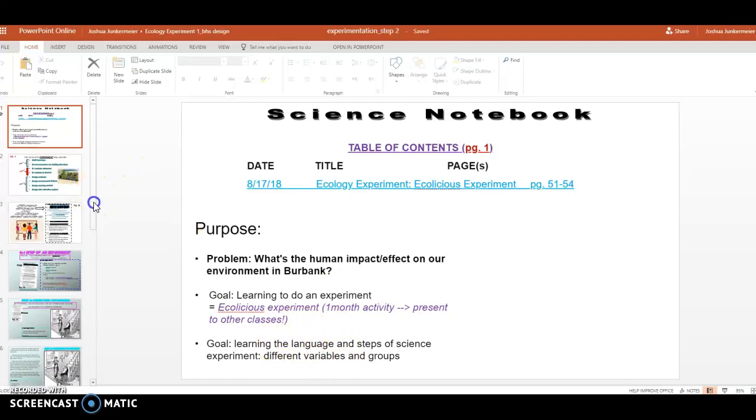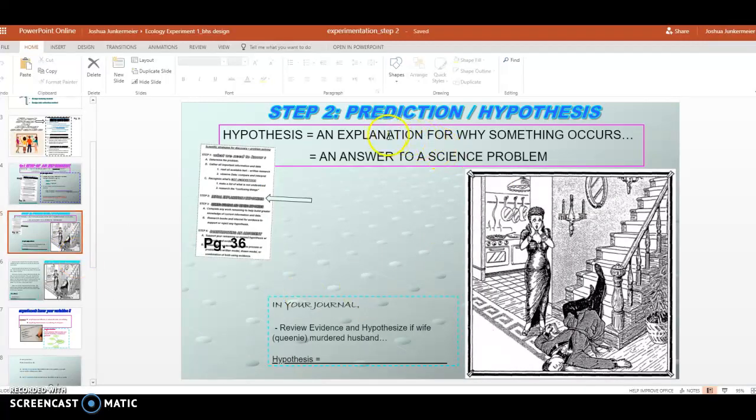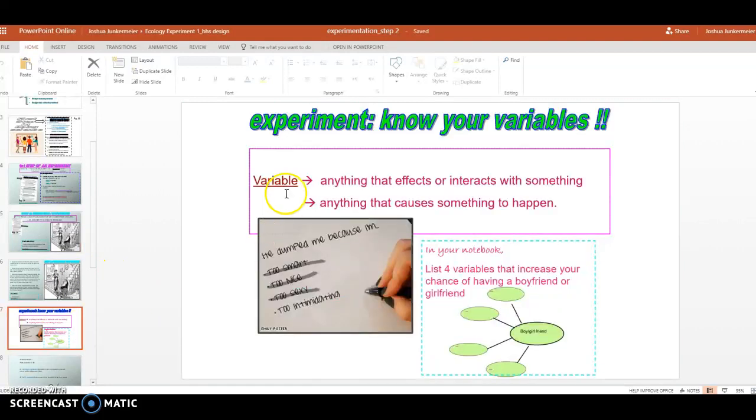We were talking about identifying problems, which are mysteries that we need to learn more about. We also discussed hypotheses on slide 5, which was our answer to a scientific problem. Anytime we're answering a problem in science, we call it a hypothesis. We discussed what a variable is, and we're going to discuss variables even more.